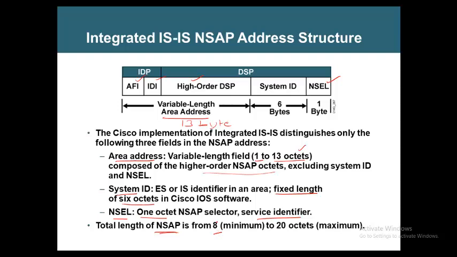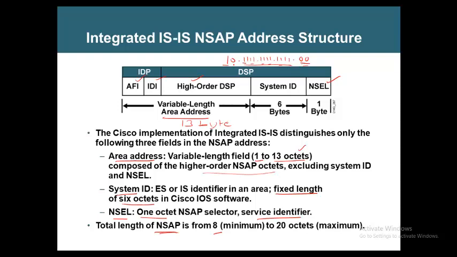The format is area dot system ID, then the N selector. That's it. How many bytes do you have? 1, 2, 3, 4, 5, 6, 7, 8. This is the minimum. You can't go less than this. This is system ID, 6 bytes.